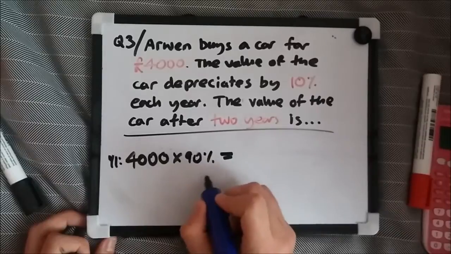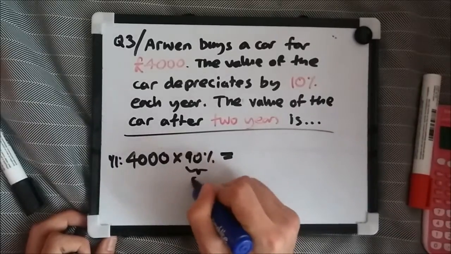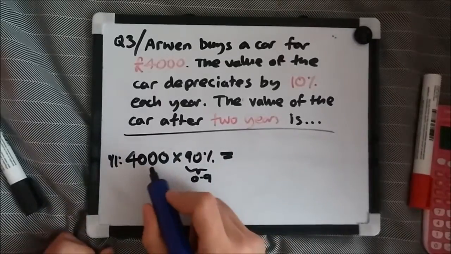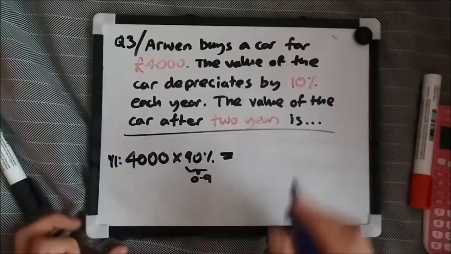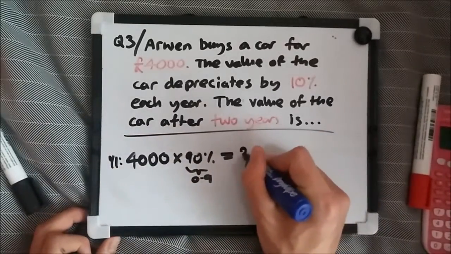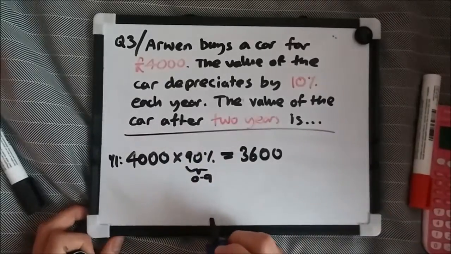We should know that 90% is also the same as 0.9, so you could also say 4,000 times 0.9. Putting this in the calculator should give us 3,600. And that would be the car after 1 year.